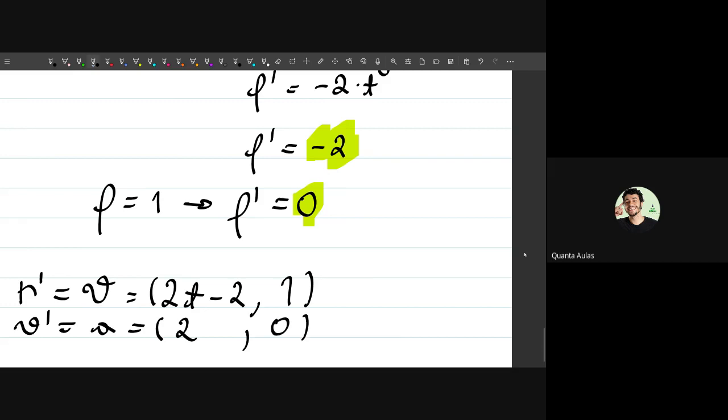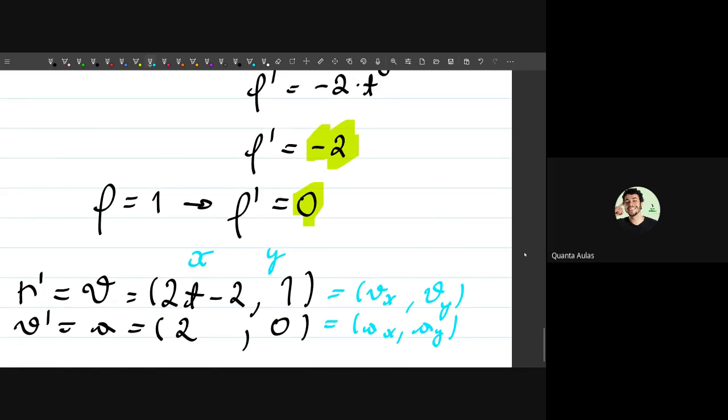But here you need it, because you need to show we don't have acceleration in the y coordinate. Here we have velocity in x and velocity in y, and here acceleration in x and acceleration in y. So we have the equation.